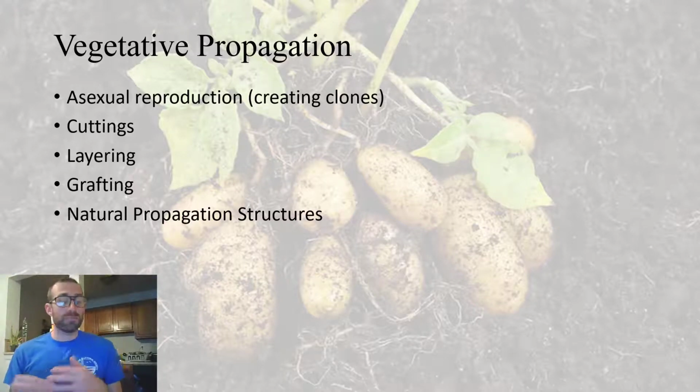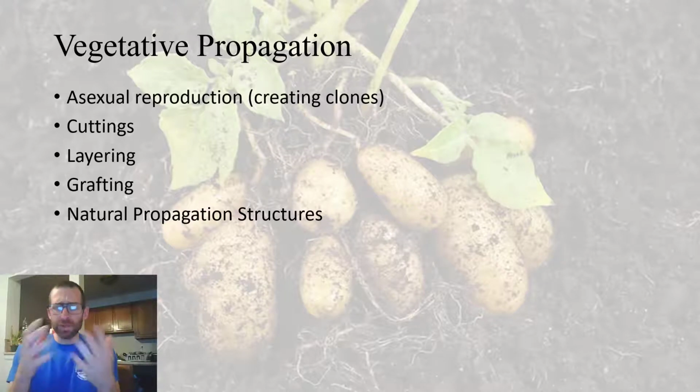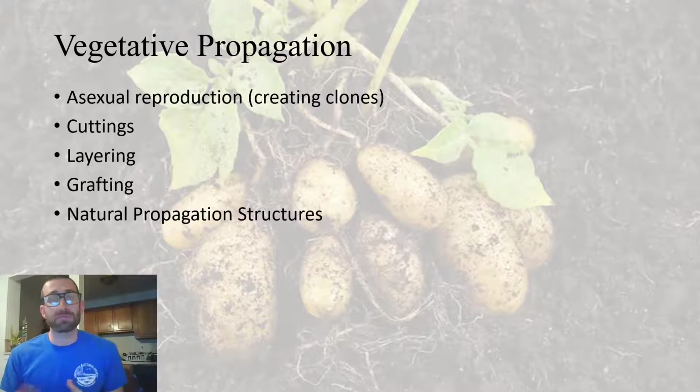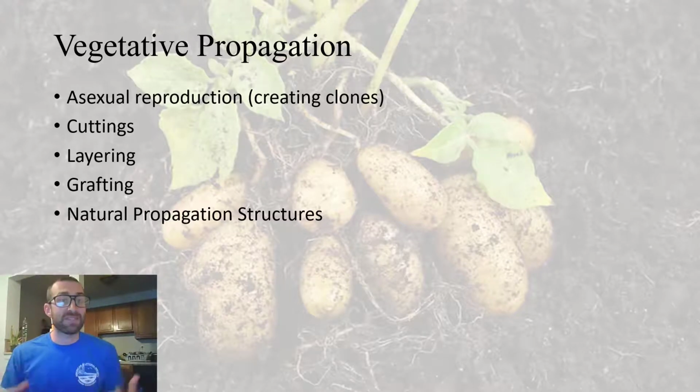So for example, if we took a stem cutting, a lot of our plants have the ability to regrow a root system from that stem. And those are called adventitious organs. If we had a stem cutting and it regrows roots, those would be adventitious roots.